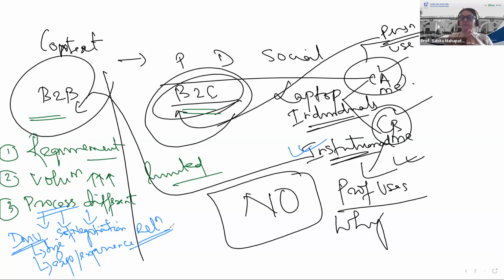Because when you are buying in huge amounts, let us say I am buying 50 laptops, I am in the maintenance of the laptop, for which I may go for an AMC, annual maintenance contract.